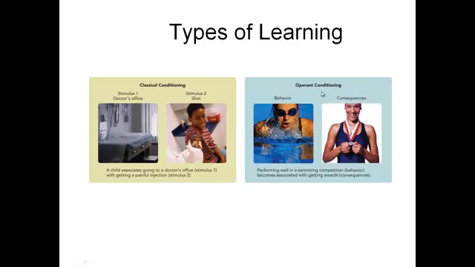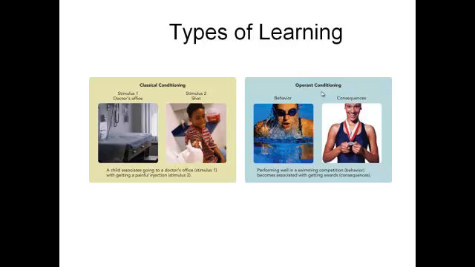When it comes to operant or instrumental conditioning, people learn that after engaging in a particular behavior, some kind of consequence follows. So if swimming fast leads to the consequence of getting a medal, then you're going to repeat that behavior. You're going to work harder, you're going to swim faster, you're going to keep on doing those things that get you those rewards. And there are many examples of that as well.